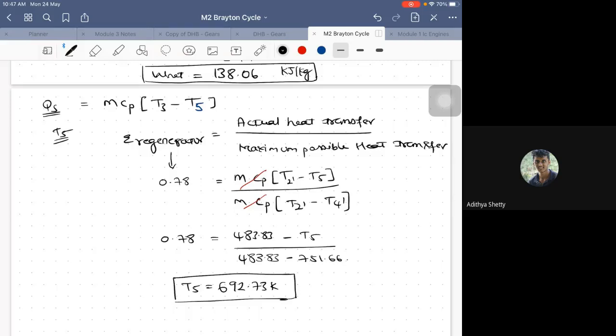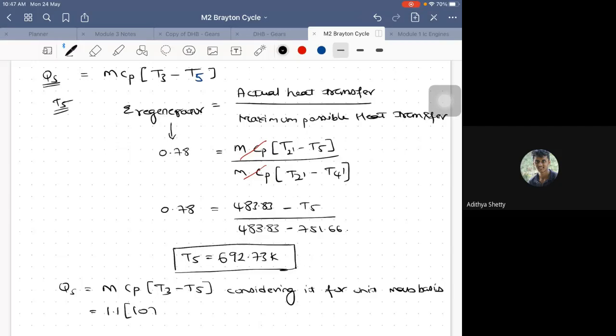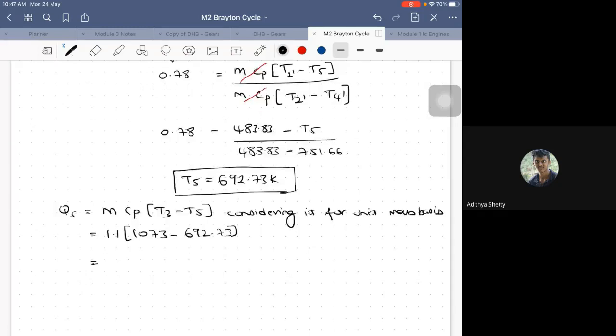So once T5 is known, QS can be calculated. mCp into T3 minus T5. Considering it for unit mass basis, it is 1.1 into T3 value 1073 minus T5 value 692.73.